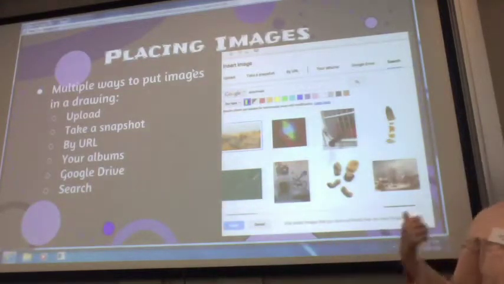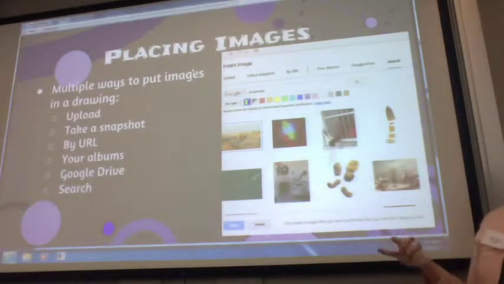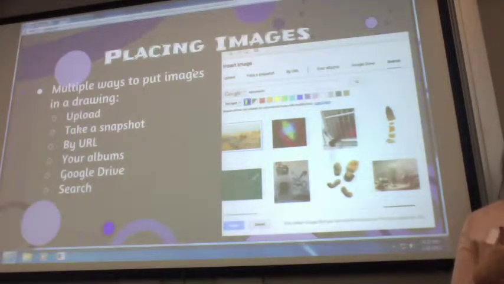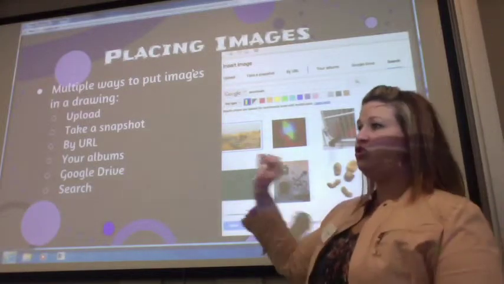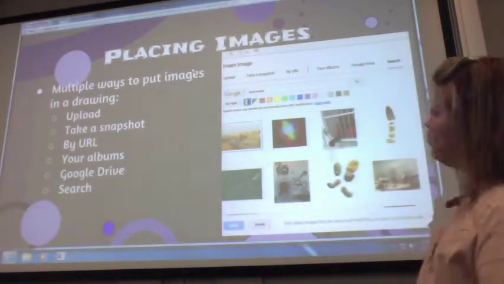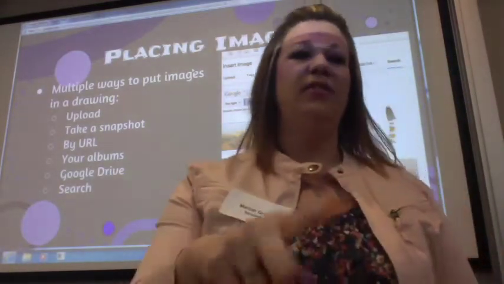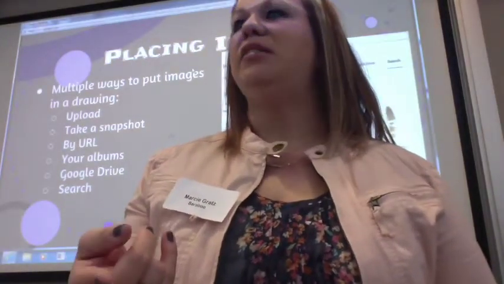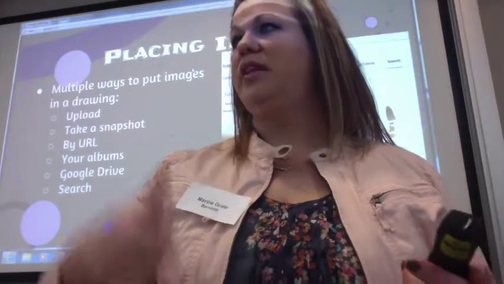Sometimes I haven't had the best success doing it this way, but you can also, if you just Google something, find the image and drag and drop it. That's really my favorite thing about this, that you can just drag and drop an image onto your screen. But you can upload from your file. You can actually just take a snapshot. Like I have iPhoto up right now because I'm recording myself, right? So I can just take a snapshot from here and place it in there.